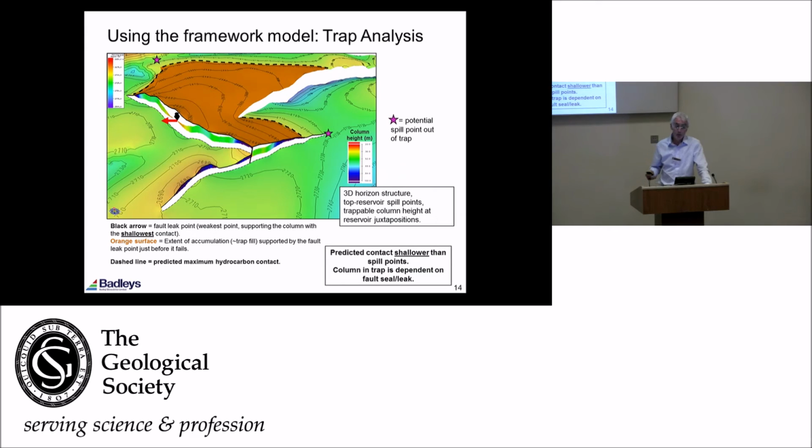And what we would find in this case is actually there's a weak point on this fault here, which when the trap is filling with buoyant hydrocarbons will leak before we actually reach any of the top seal spill points. So this is the critical point which is going to control the trap fill.